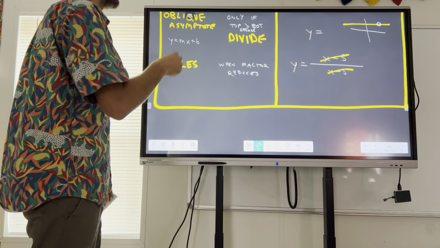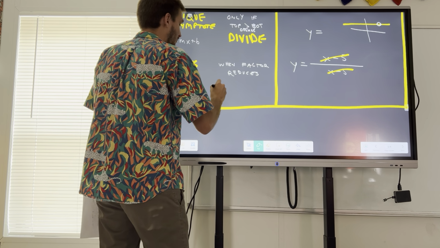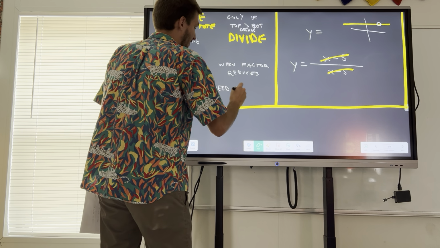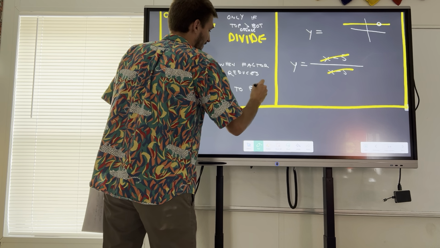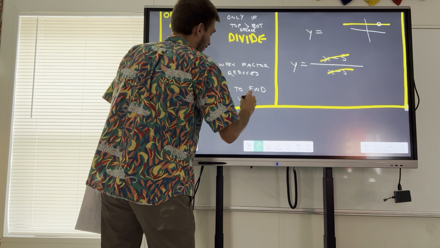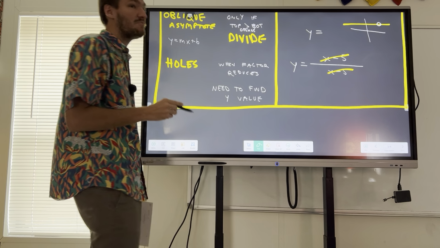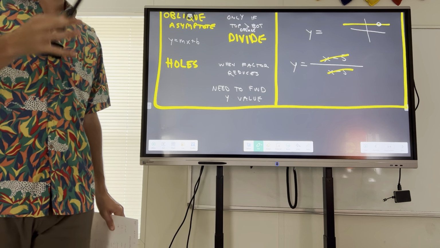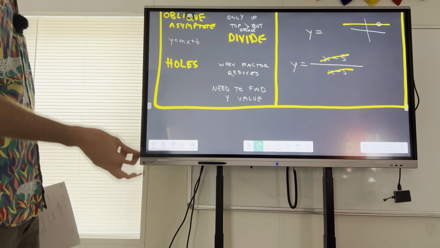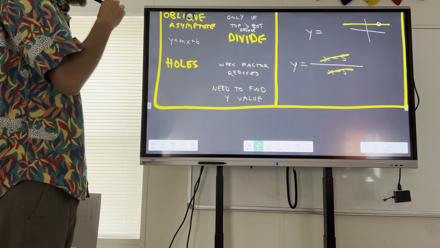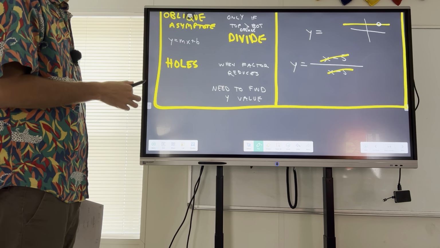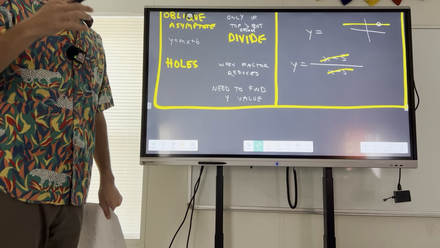The thing that really sucks about holes is that you need to find the y value. This is something that you may not have had to do in your math analysis or algebra 2 class. I didn't teach you those classes, so I'm not sure what your teacher required of you, but you may not have had to do this.